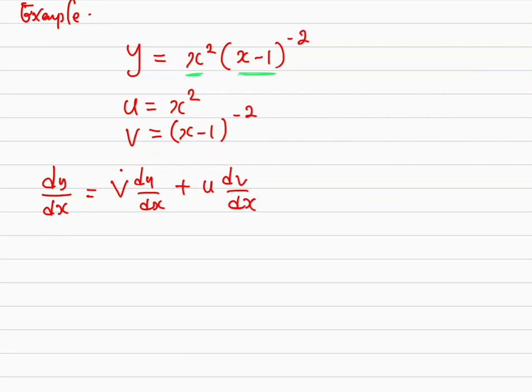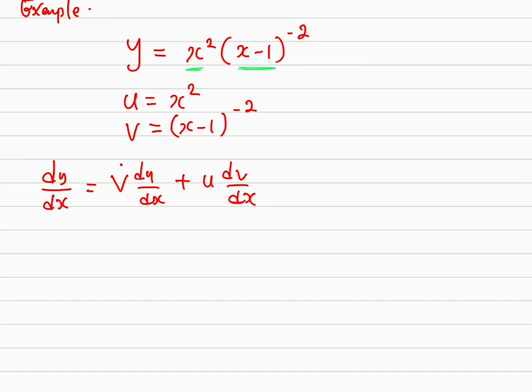Basically, between the two factors, you keep one and differentiate the other, then reverse it in the second instance. So let's try and do it to see.